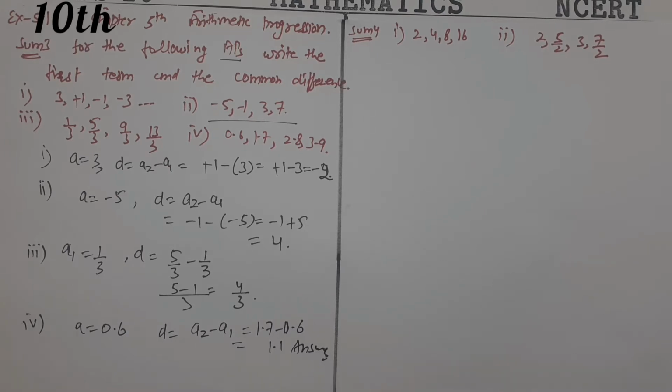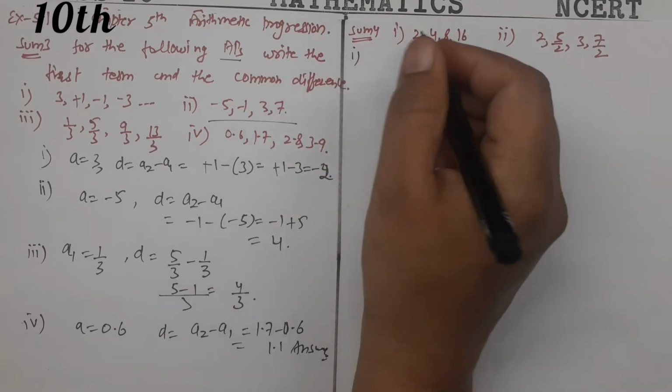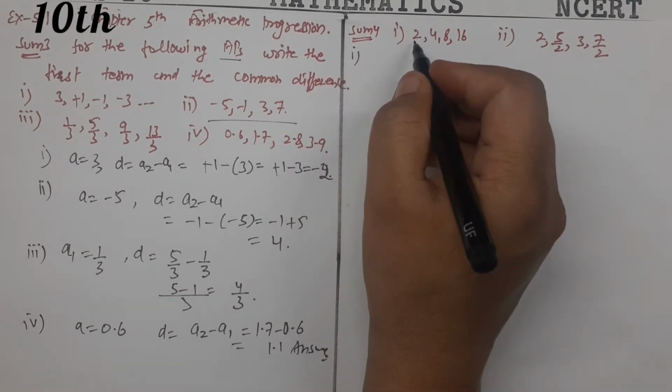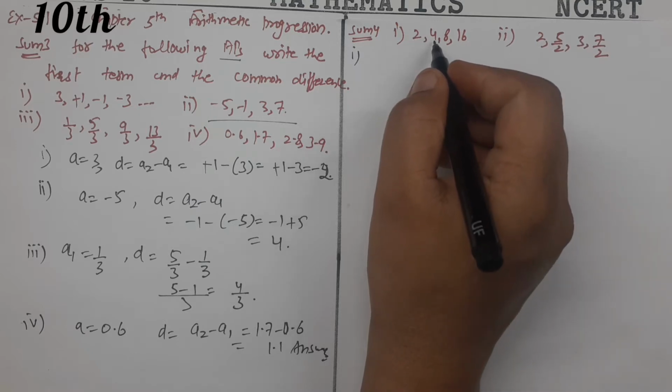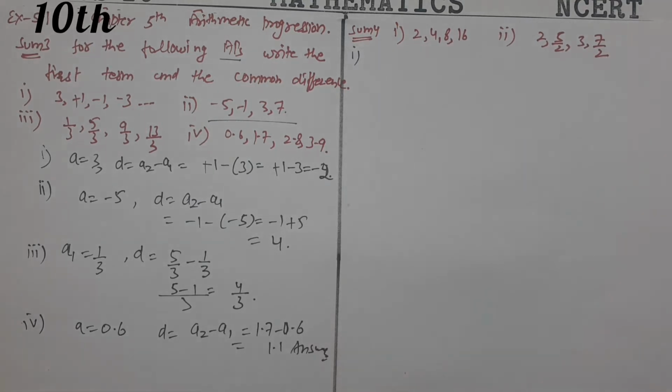Next, sum number 4. Which of the following APs, if they form an AP, then find the common difference d, and we have to find 3 more terms. First part: here the series terms are 1 (a1), 2 (a2), 4 (a3), 8 (a4), 16.